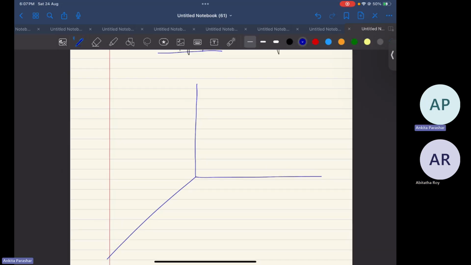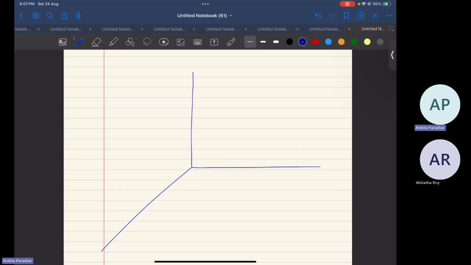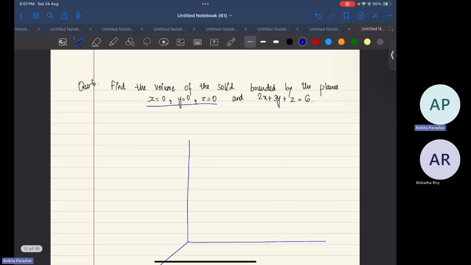You have to somehow see what they are trying to say: that you have to be bounded by certain planes. If this is z equal to 0, that would mean it has to be bounded by this in the xy plane, right? This is the curve in the xy plane where you project it and see how it is being bounded.